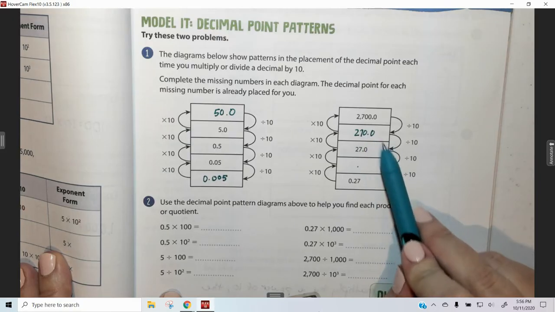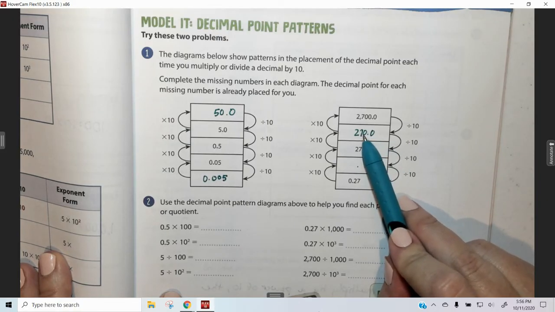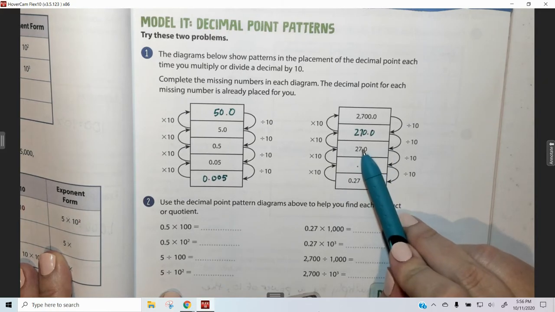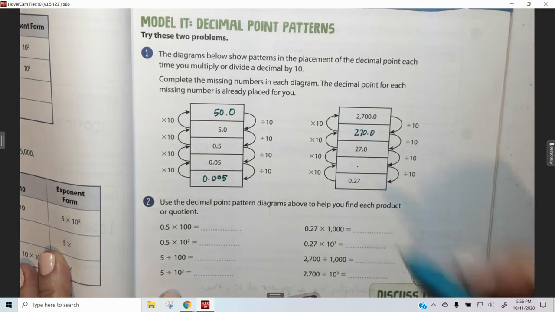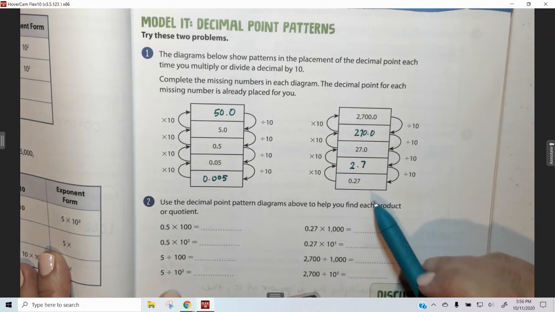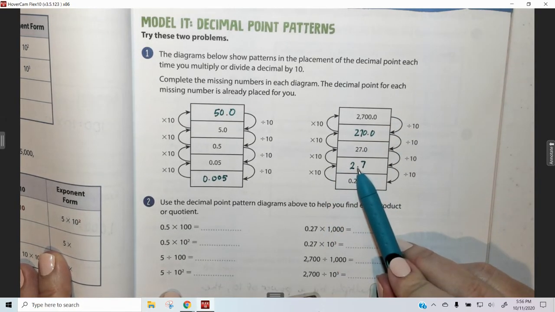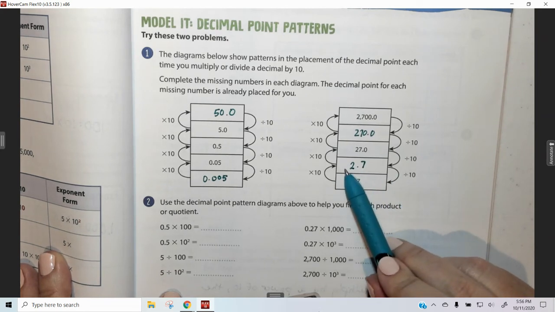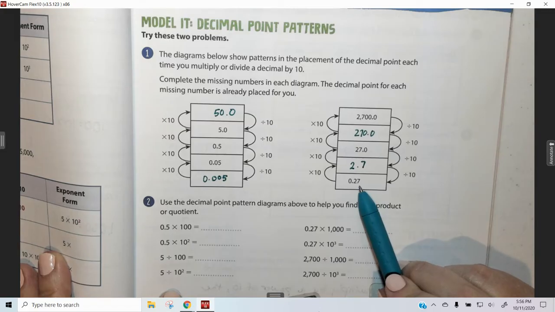When we divide by 10 more, this decimal point moves over and we get 27. When we divide by 10, this decimal point moves over and we get 2 and 7 tenths. And then when this decimal point moves over one place value, because we divided by 10, we get 27 hundredths.